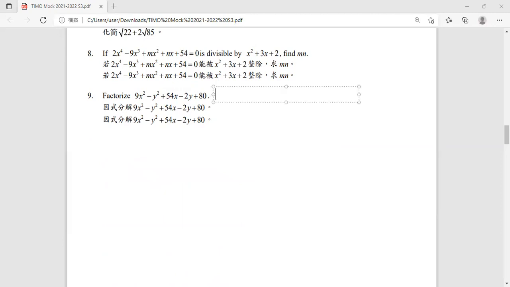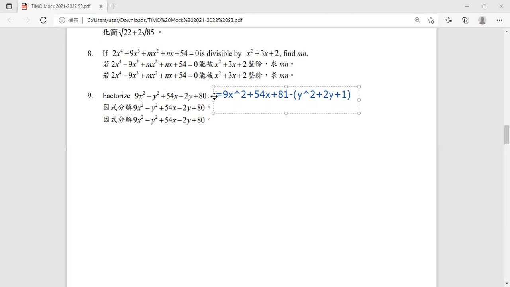And actually, you can treat it something like this: 9x^2 plus 54x plus, now I stop here first. You can find the first 2 numbers is a multiple of 9. So I put this as 81, and then minus bracket y^2 plus 2y plus 1.